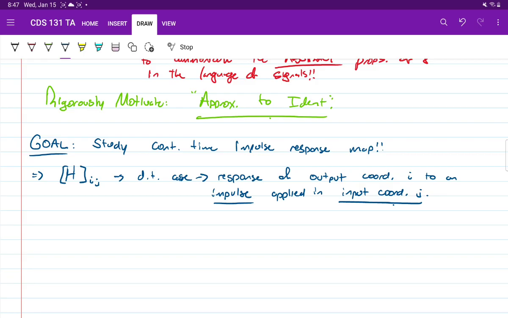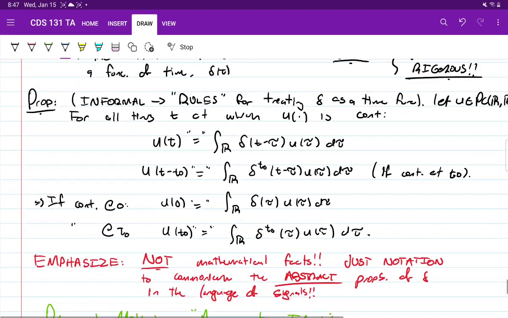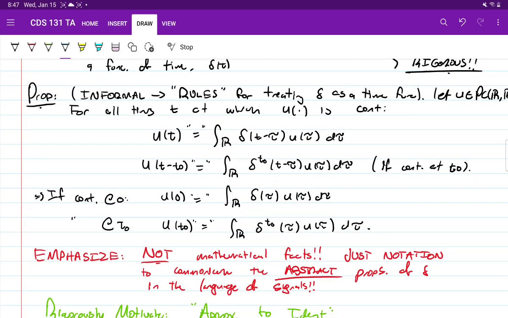So again, using this discrete time case as a template, we'll just translate this idea directly over to continuous time, okay? So in order to figure out what a nice expression for the continuous time impulse response map should be, we'll work it out using our very informal integral rules, which, remember, you should just think of as notation to convey what a convolution with a distribution is doing.